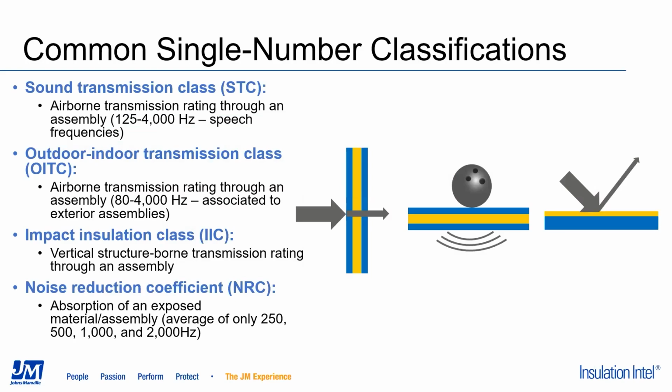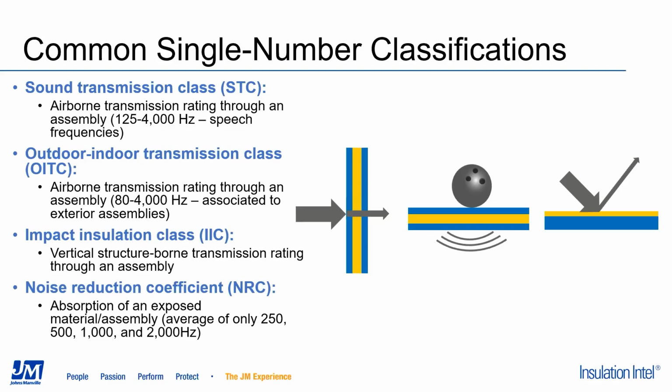So let's get into a few of the acronyms that are used to describe materials or assemblies. Acoustics has an alphabet soup of acronyms, and some of these you may already be familiar with, including the ones on the slide, but there's definitely a lot more than what's listed here.